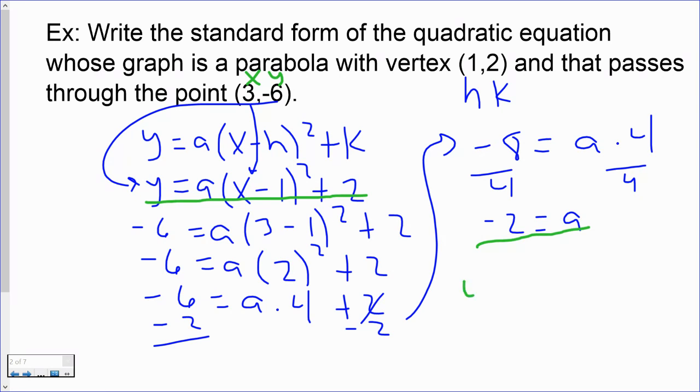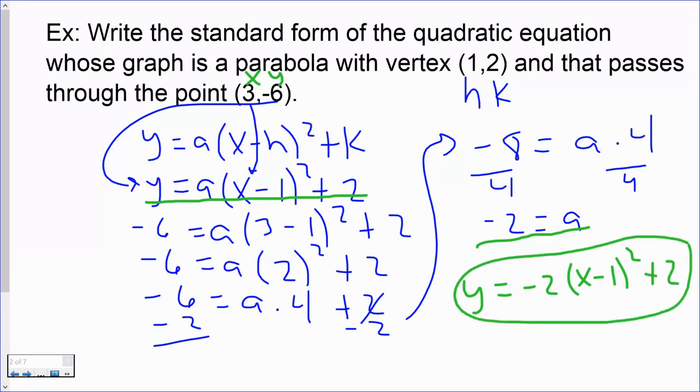So my answer is going to be y equals -2, and then the rest of this up here is going to be the same. So I'm going to have the parentheses (x minus 1) squared and then plus 2. And that's how you, given the vertex and also a point, find an equation.